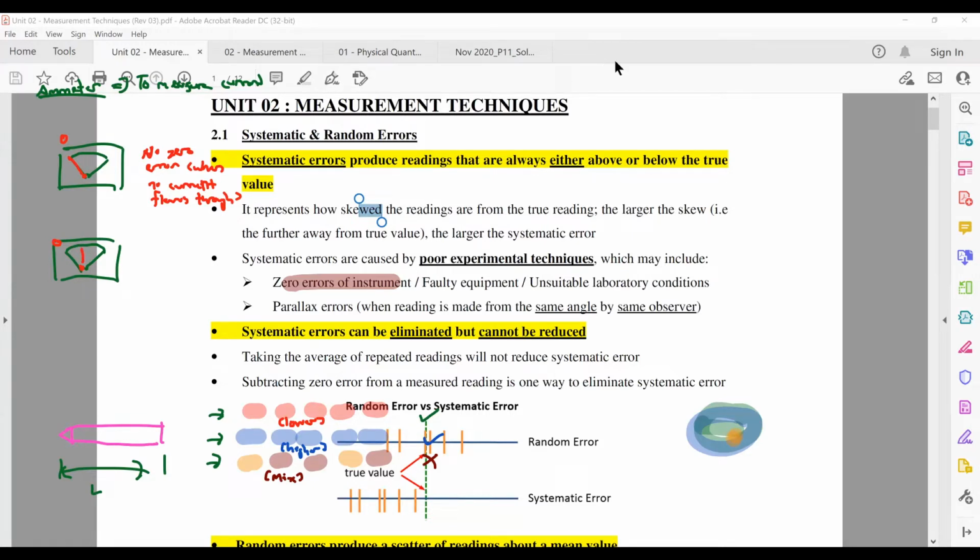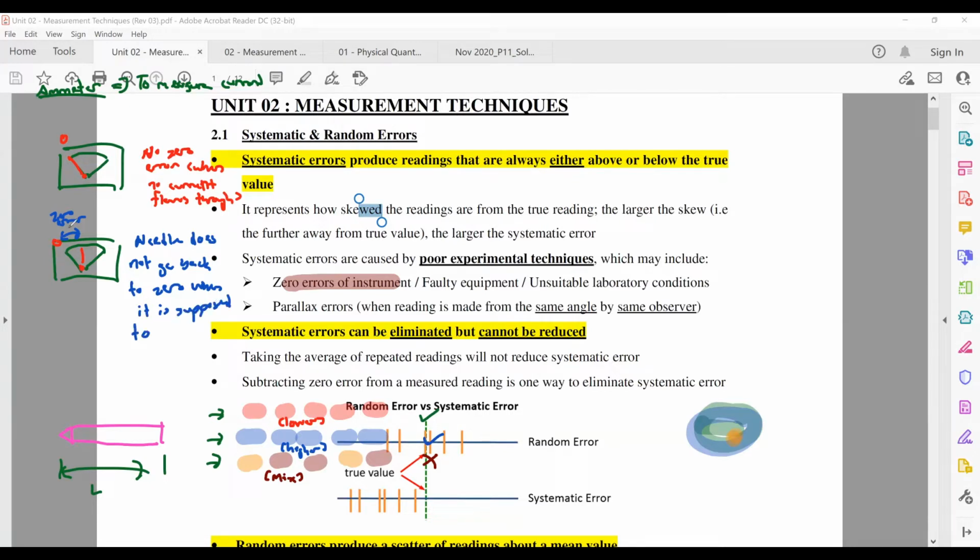So in cases like this, we say that you have zero error. What you see is that the needle does not go back to zero when it is supposed to.